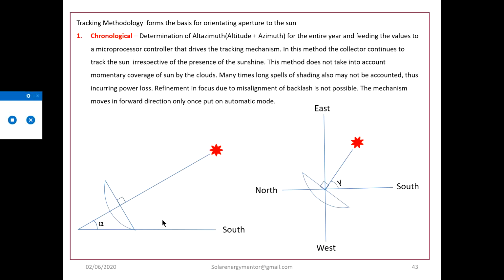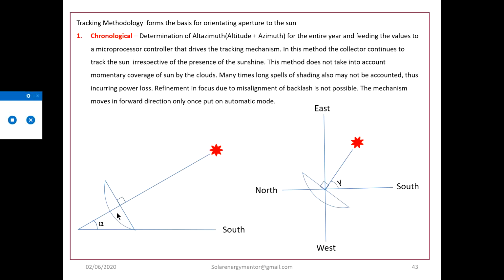You can see here the sketch of this. Now this is the altitude angle. This becomes vertical, and then zenith. Sorry, zenith. So the complement of zenith is altitude. This is the collector aperture, and the aperture has to be maintained normal to the line of altitude.